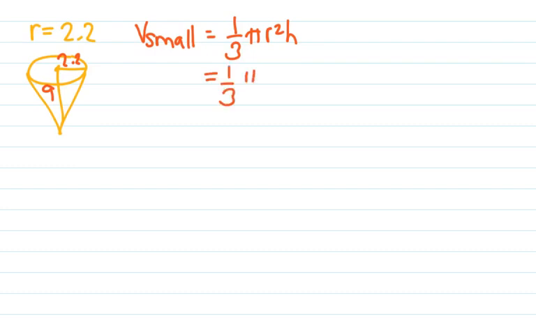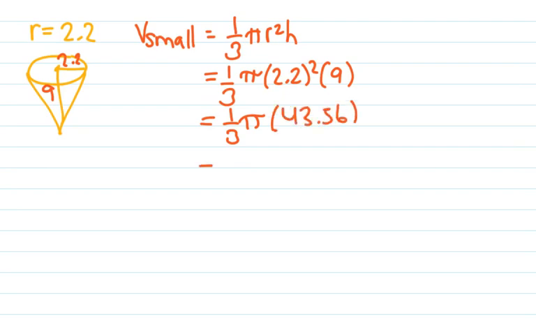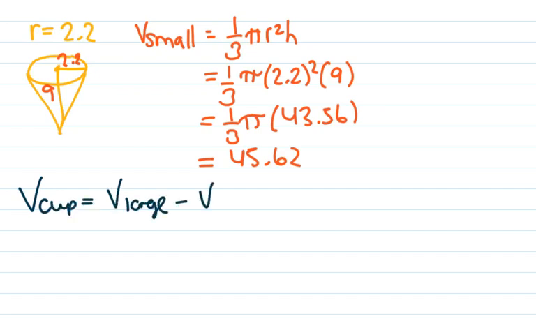So 1/3 pi, radius is 2.2 squared, and the height is 9. 1/3 pi 2.2 squared times 9 is 43.56. Multiply that all together, 45.62.